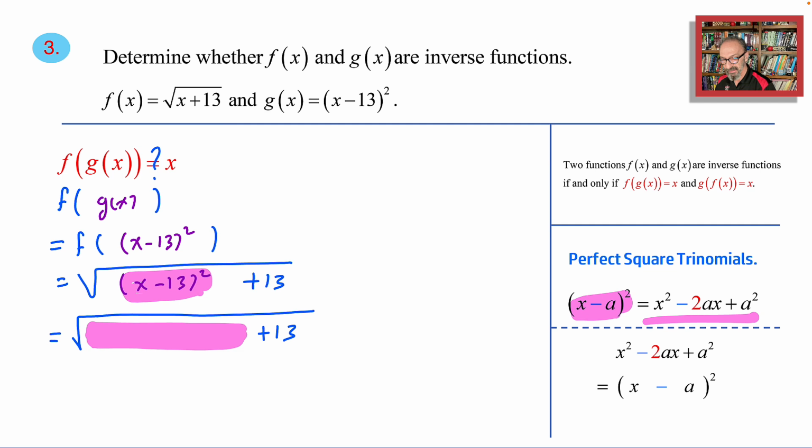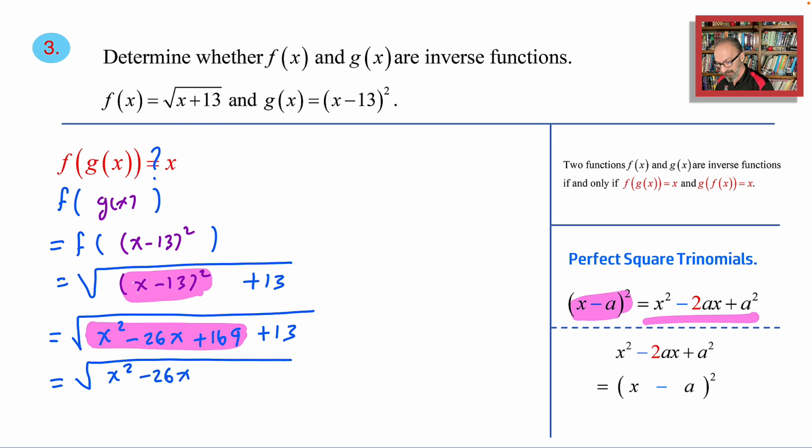That x minus 13 to the second will give me 3 terms: x to the second, minus twice ab, or twice a times x, and I have x and minus 13, so 13 is replacing a. Minus twice that much multiplied together, that's minus 26x, plus a to the second, which is 13 squared, and that's 169.